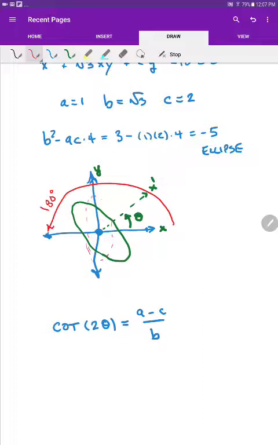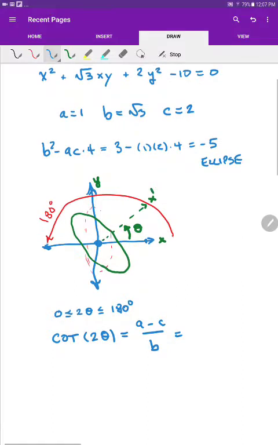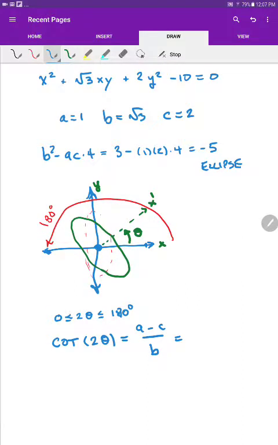So really, in this problem, we don't have to concern ourselves with anything but 0 less than or equal to 2 theta less than or equal to 180 degrees. We don't need to concern ourselves with the full 360 degrees of the circle. That simplifies this process a little bit. But anyways, getting back to this equation, we can insert these values.